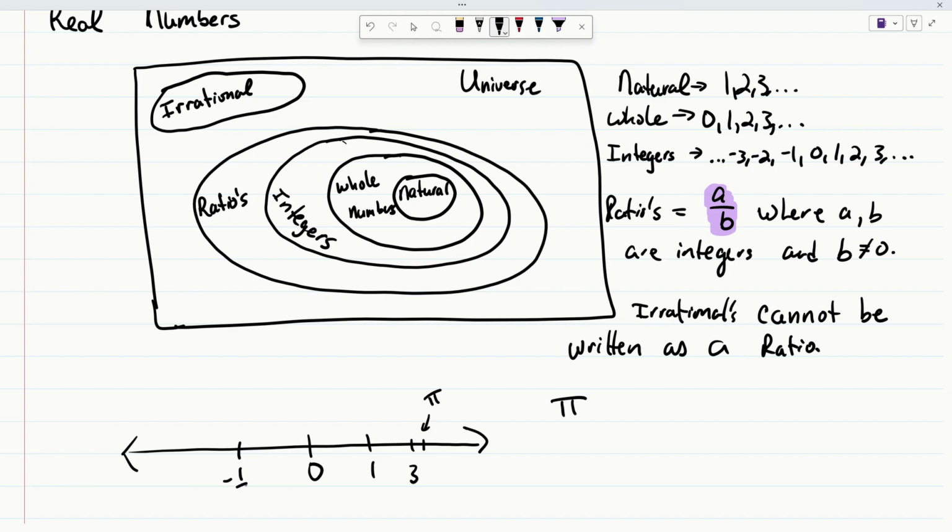You could have negative 1/2. You can have negative 10. You can have simply negative 1. You can have positive 3/4. Notice I'm giving you examples of everything that we have on the right side: natural numbers, whole numbers, integers, ratios or rationals. When you have a number line, you can plot any number you want.